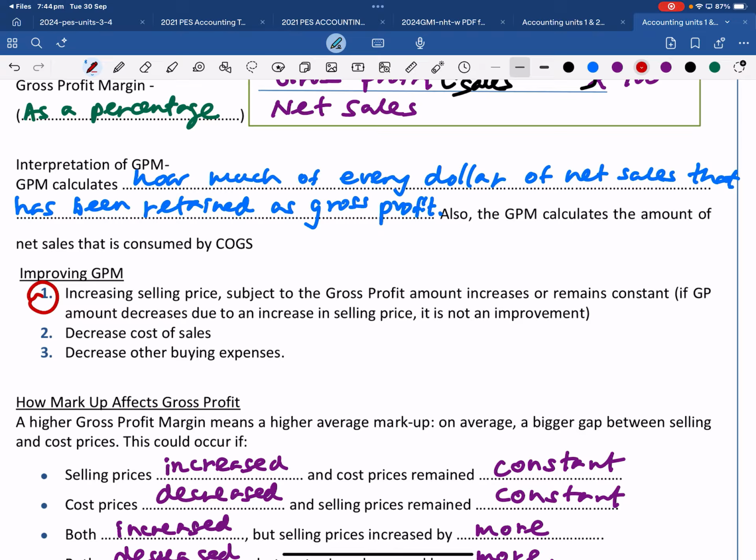Okay. Now I'll give you a practical example. Let's say in our center, we are going to double the tuition fees. Then what do you think will happen?